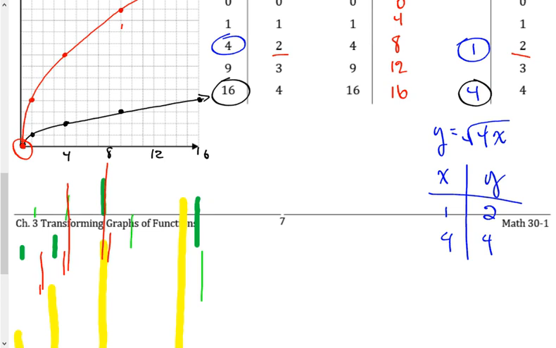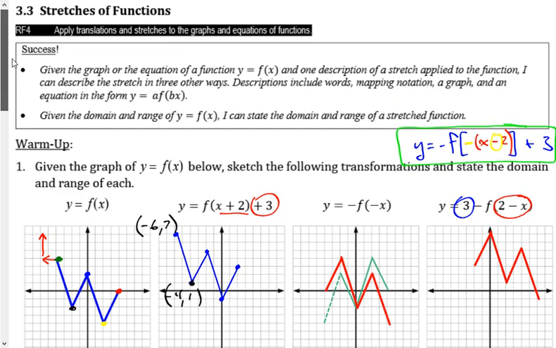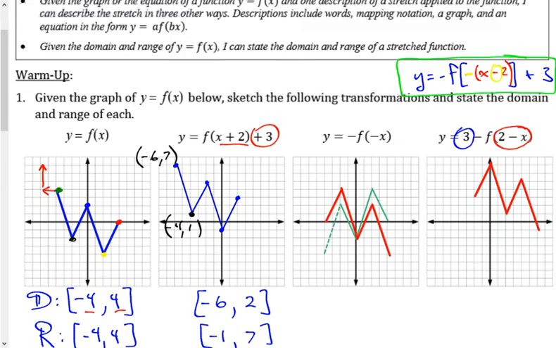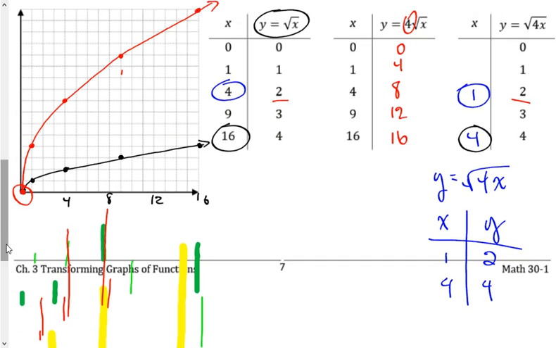Yeah. So, remember back here, if I had f of x plus 2, it looks like 2 is being added to x. But we've learned, grouped with a variable, it does the opposite. So it actually was to the left by 2, or the x values decreased by 2. Same thing happens here.